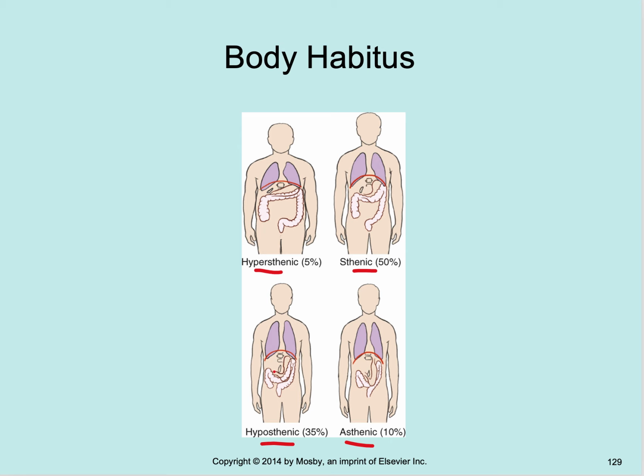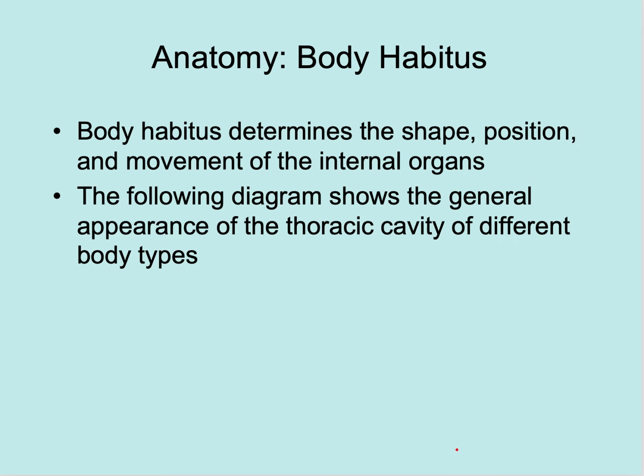In the hyposthenic, your transverse colon starts to come down closer to your sigmoid colon. And then in the asthenic patient, your transverse colon makes a very good J as it dips really low and then has to come back up to the splenic flexure and then down the descending colon.